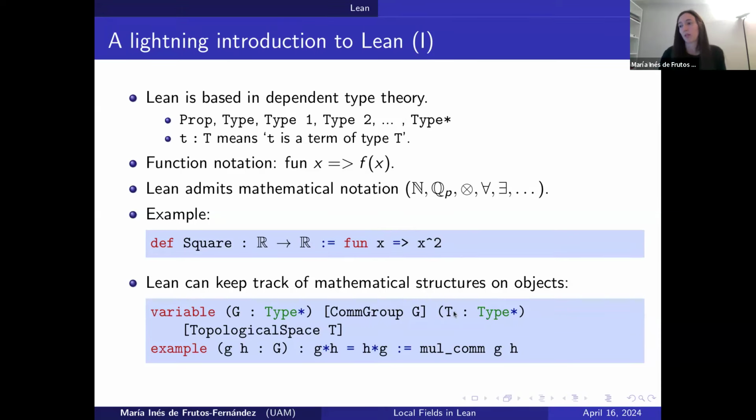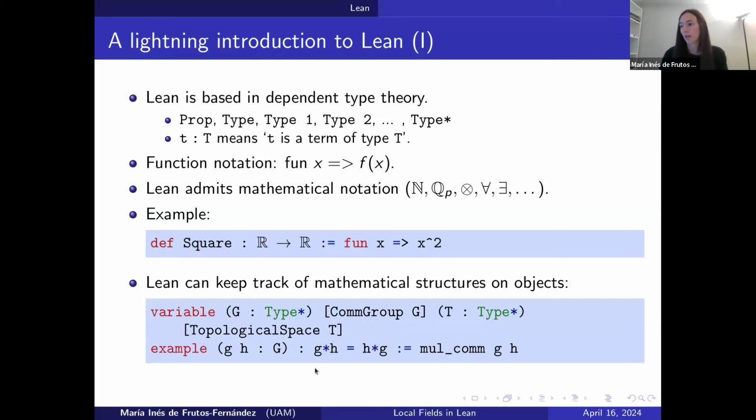I also want to mention that Lean can keep track of mathematical structures and objects. For example, here I am defining a set G, and I am imposing a commutative group structure on G. These two blocks are saying that G is a commutative group. And then the next two blocks are saying that T is a topological space.